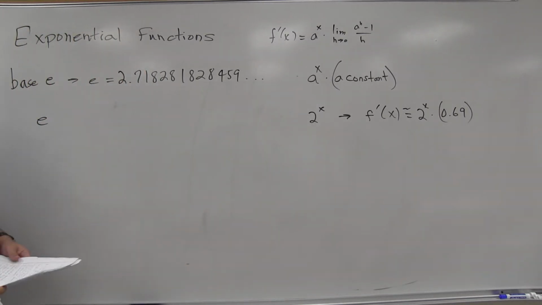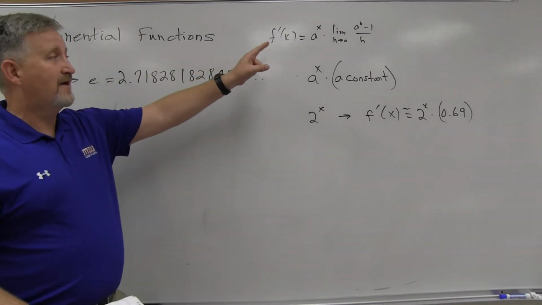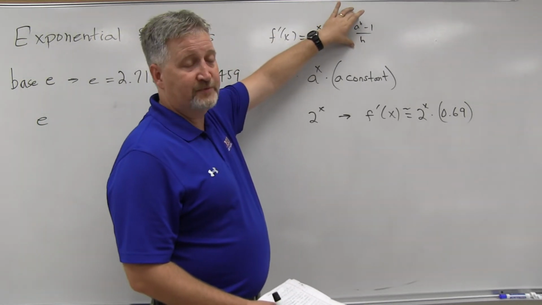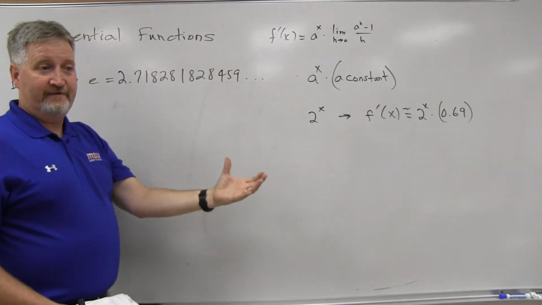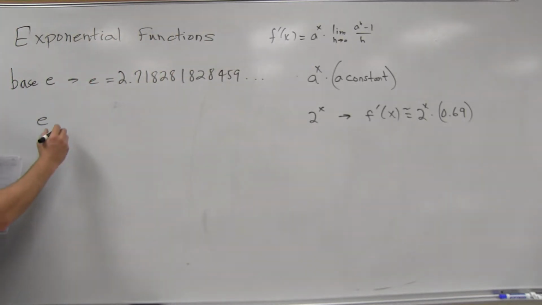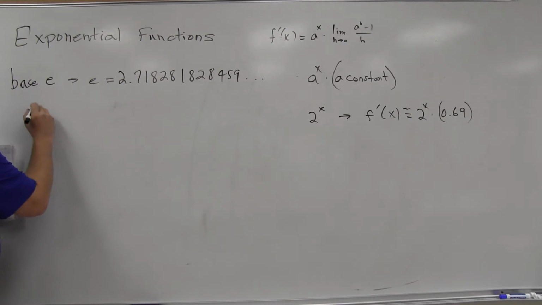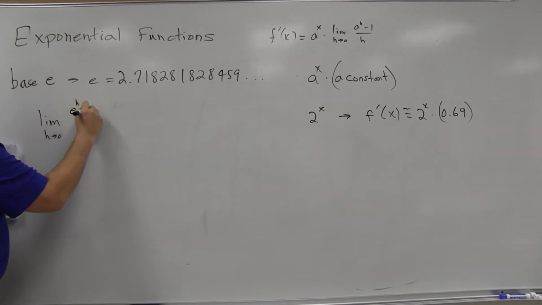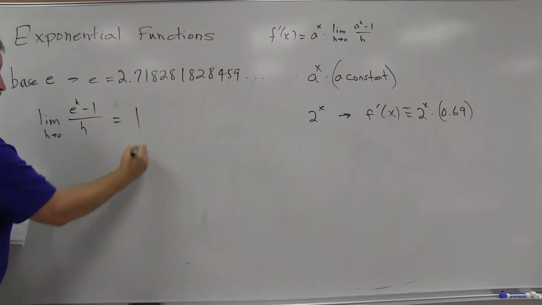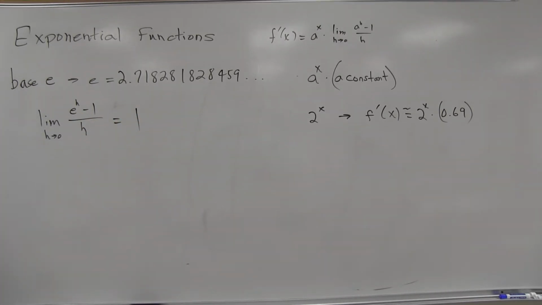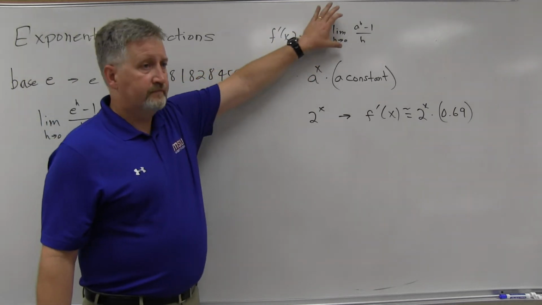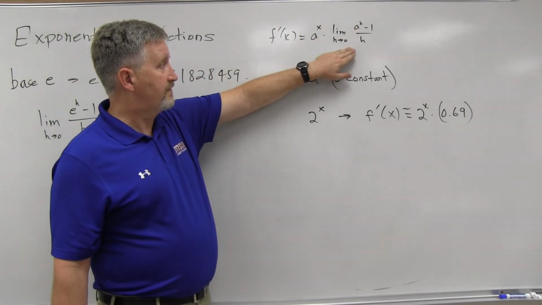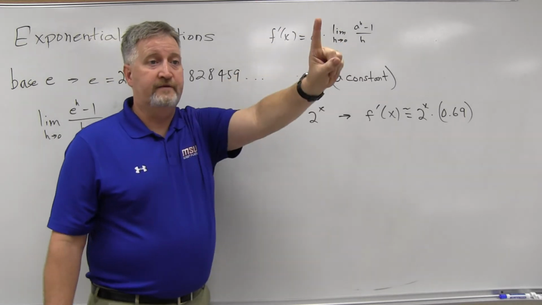One way to define e is the base that makes this limit 1. So in other words, the limit as h approaches 0 of e to the h minus 1 over h is 1. So this part of my exponential derivative, that part is 1.